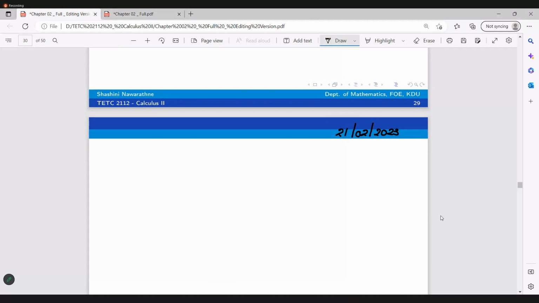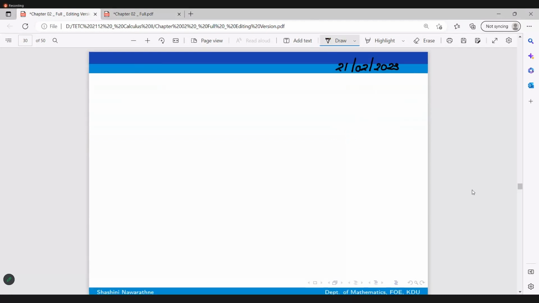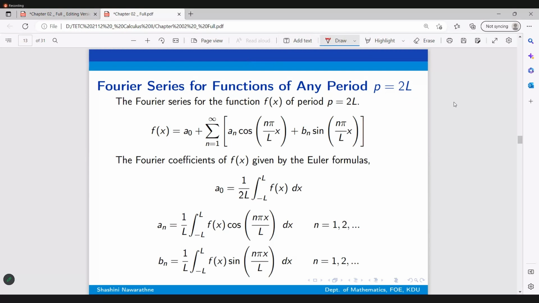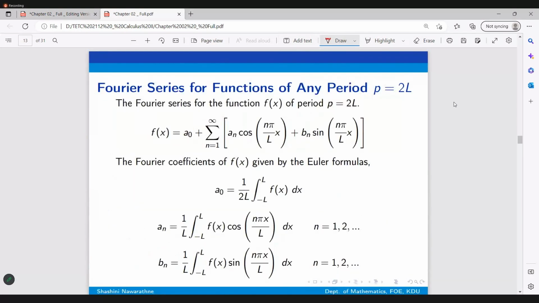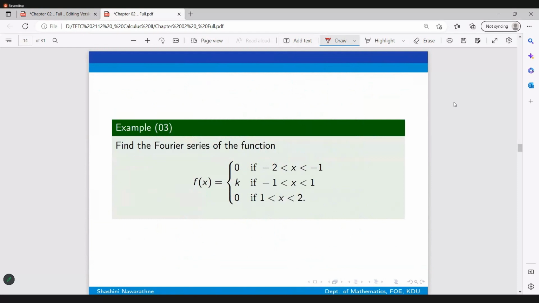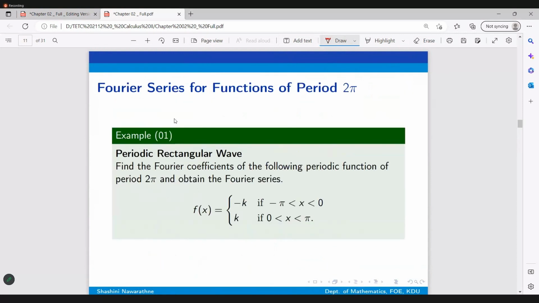Okay, let's see then. So let's consider the first example from this test. It's example number 3. This one. Okay, so earlier, so far we have, I will go back with the previous example. Okay, let's see this example.